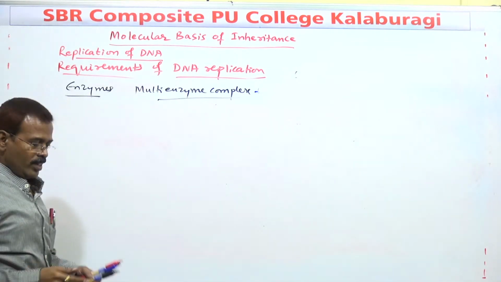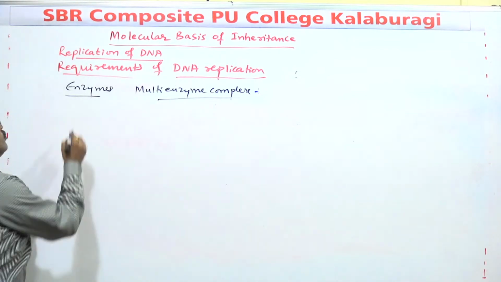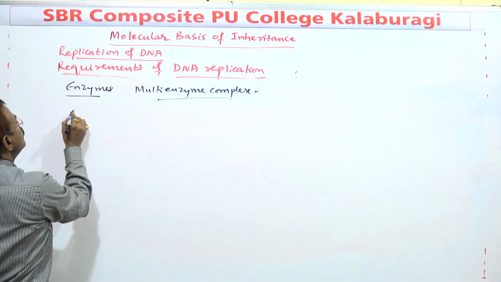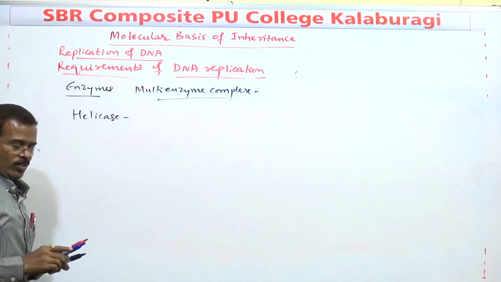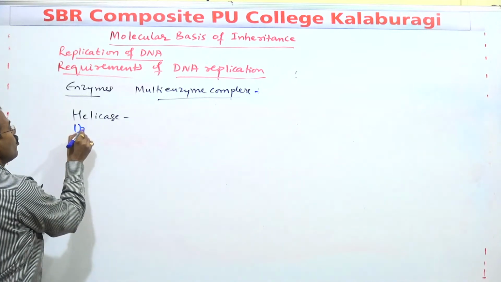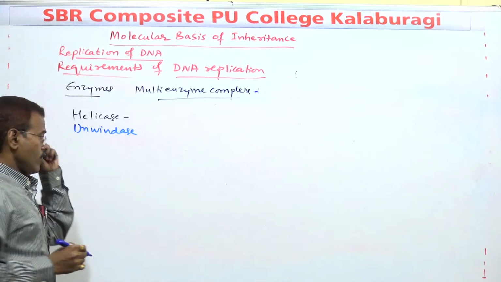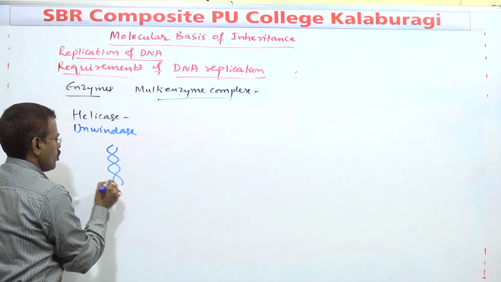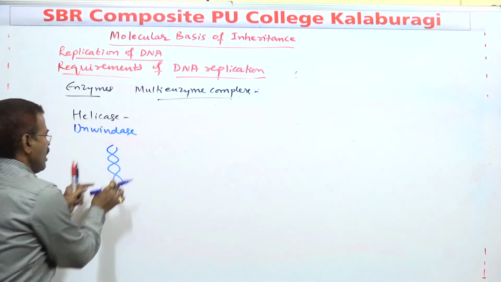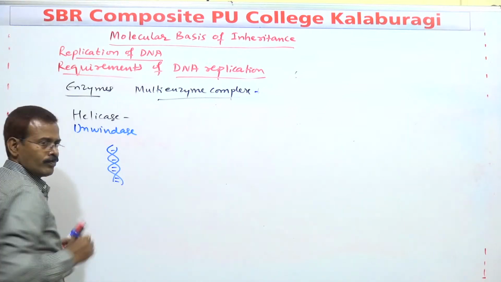Now, what are the other enzymes which are involved mainly in the replication of DNA? Helicase, which is also known as unwindase. DNA is made up of 2 polynucleotide strands which are helically coiled, and there are base pairs.